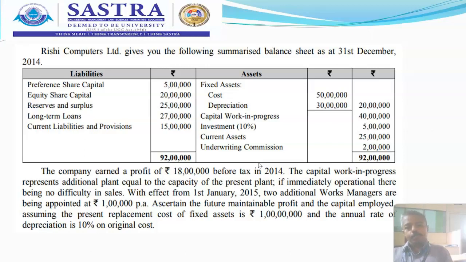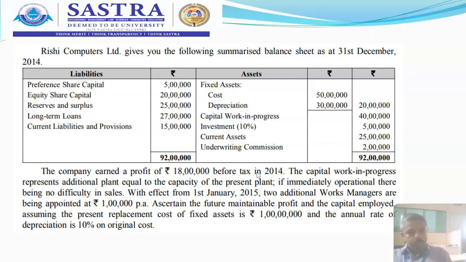Method 1, goodwill by purchase of average profit method. In this we need to follow 3 steps. One, find out the average trading profit. Second, find out the number of years of purchase, which is mostly given in the problem itself.